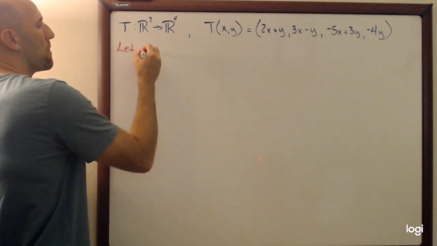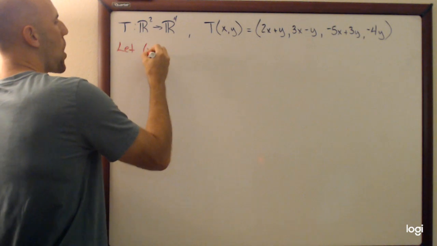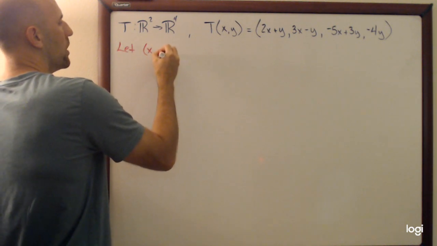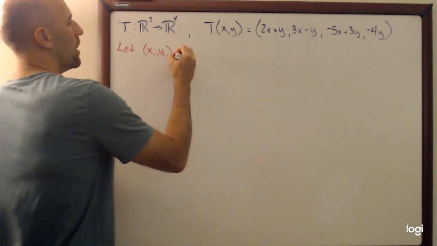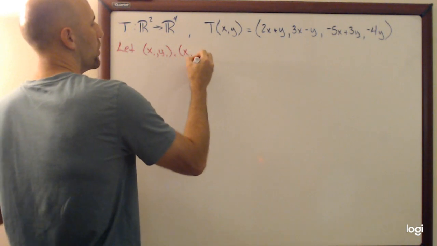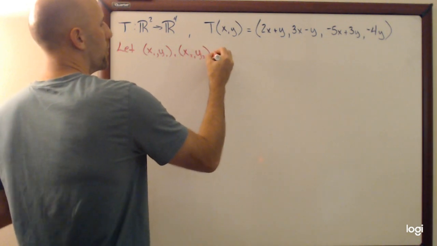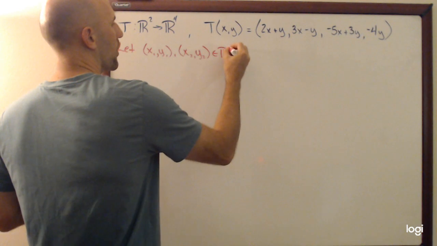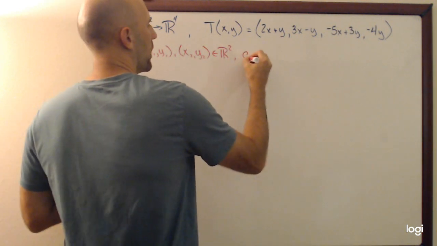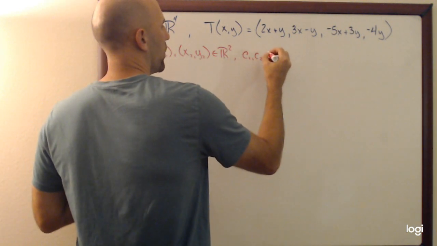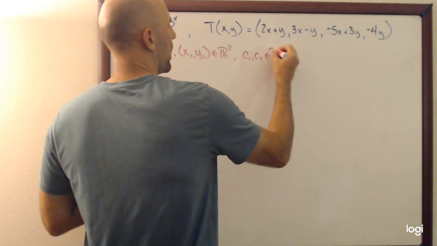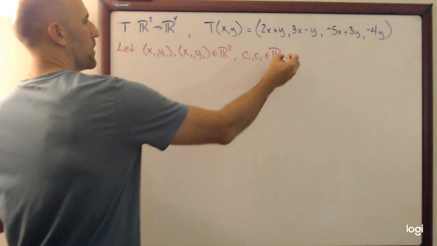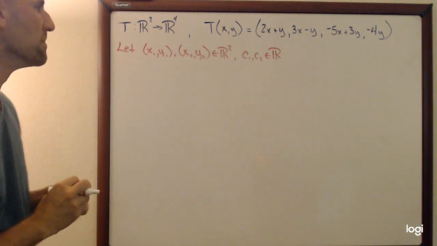Let (x1, y1) and (x2, y2) be members of R2, and c1 and c2 be real numbers. These are just the things I'm going to use.